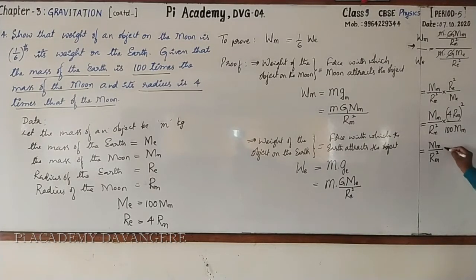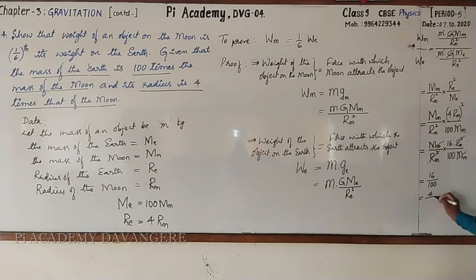Now apply square to both. 4 whole square is 16, Rm square by 100 times m. Then Rm square gets cancelled, Mm gets cancelled. This is equal to 16 by 100.